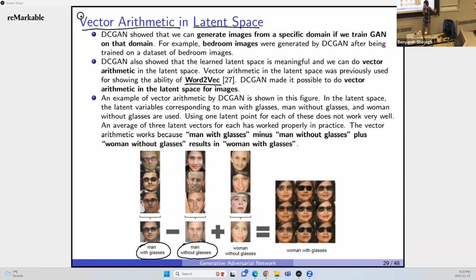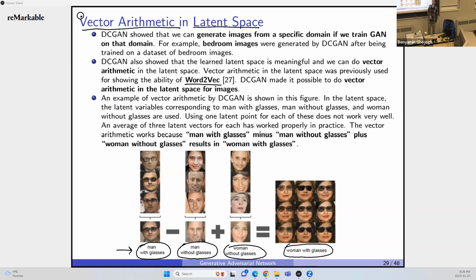I take another noise, and also find a noise with a woman without glasses. Then what do I do? So I have 3 noise vectors. Can I have arithmetic between noise vectors? This minus this plus this gives me a 4th noise vector, right? Then I feed the 4th noise vector to the generator. It gives me images of a woman with glasses.